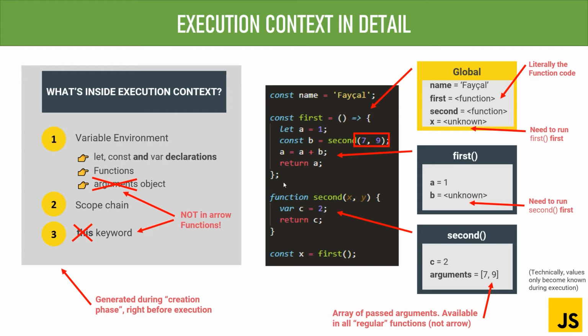But now imagine that there are hundreds of execution contexts of hundreds of functions. How will the engine keep track of the order in which functions were called? And how will it know where it currently is in the execution? Well, that's where the call stack finally comes in.